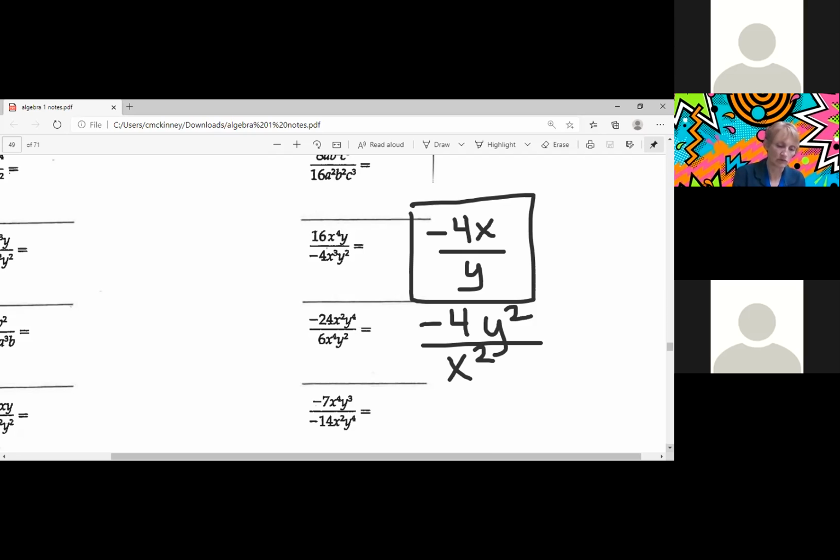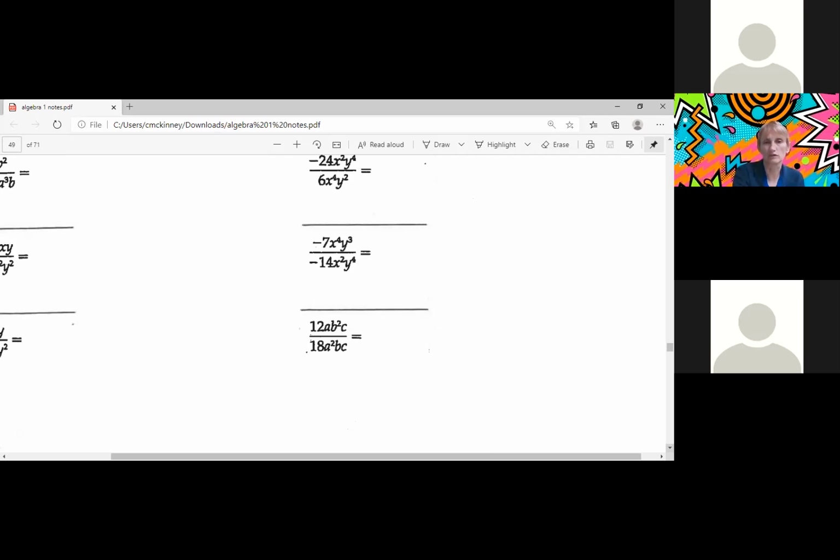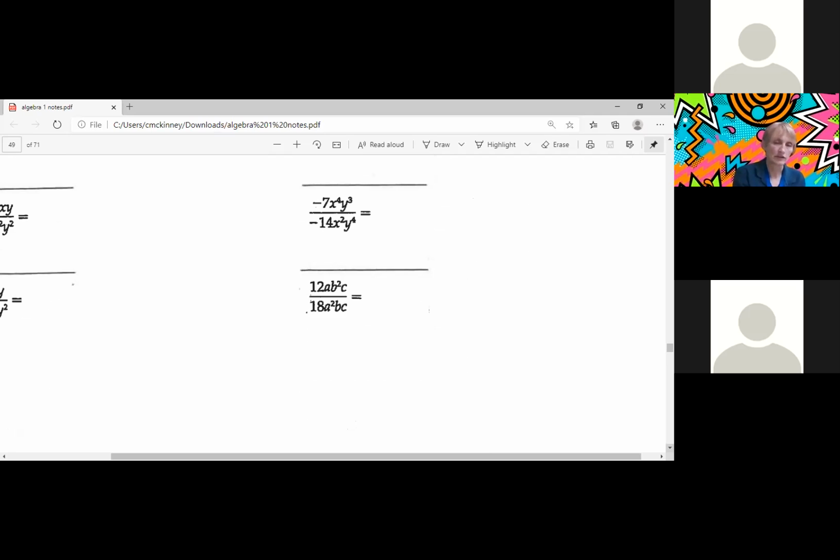So I'm going to need to move this a little bit. My iPad on my picture is in the way. So -7 over -14, just thinking about that like a fraction, would be 1/2. And then when I look at the x's, more on the top.